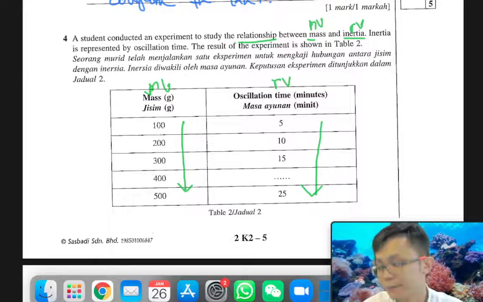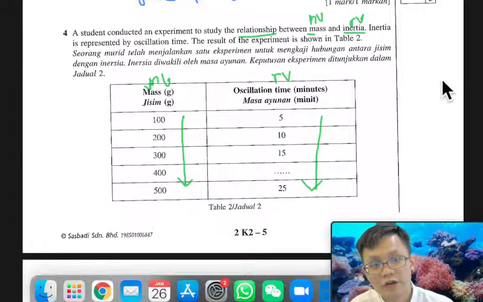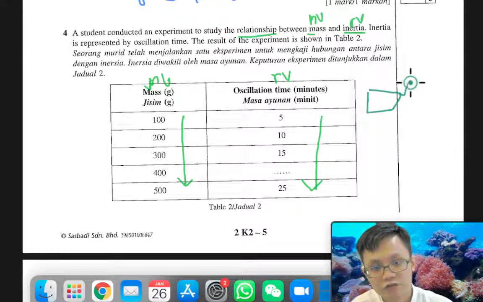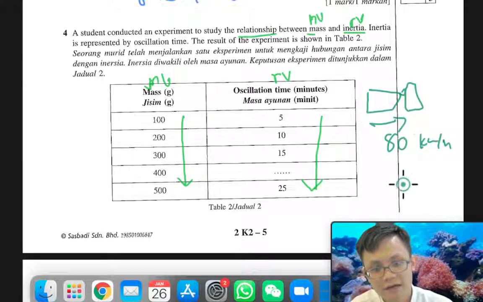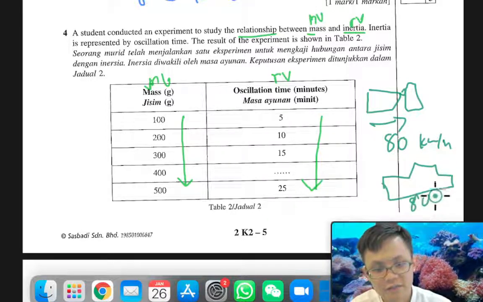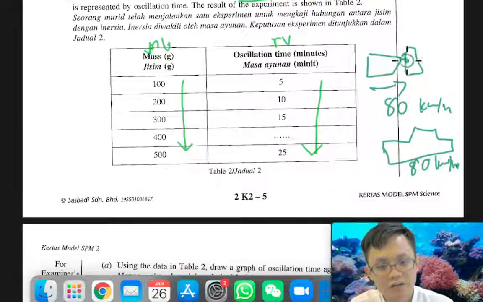That's called inertia. Of course, if you have a lorry with sand, there is a huge inertia. If a lorry and a car crash into a brick wall at 80 kilometers per hour, which one gets more damage, the lorry or the car?